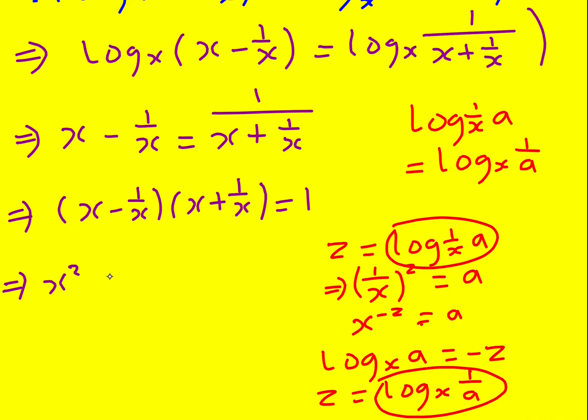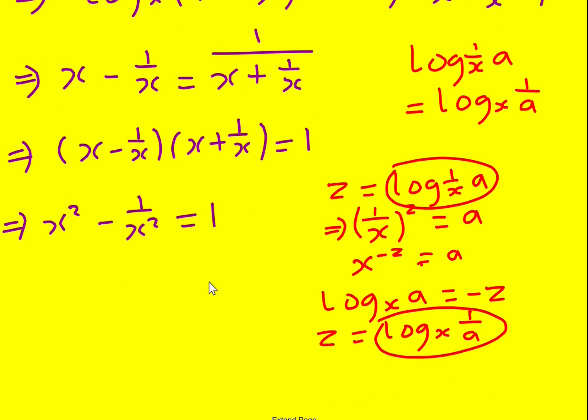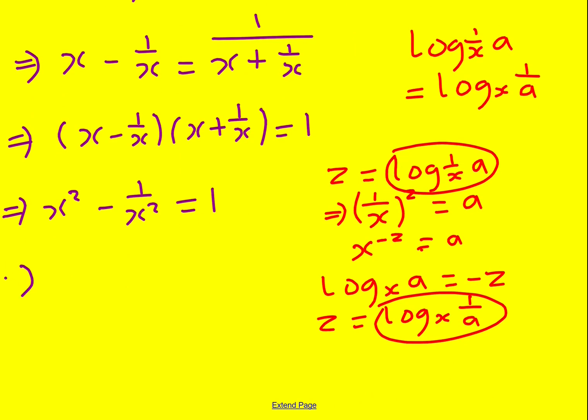It's sort of a difference of two squares. It's going to be x squared minus 1 over x squared is equal to 1. This is going to be a hidden quadratic. I can multiply through by x squared. I've minused 1 first, and then multiplied through by x squared.